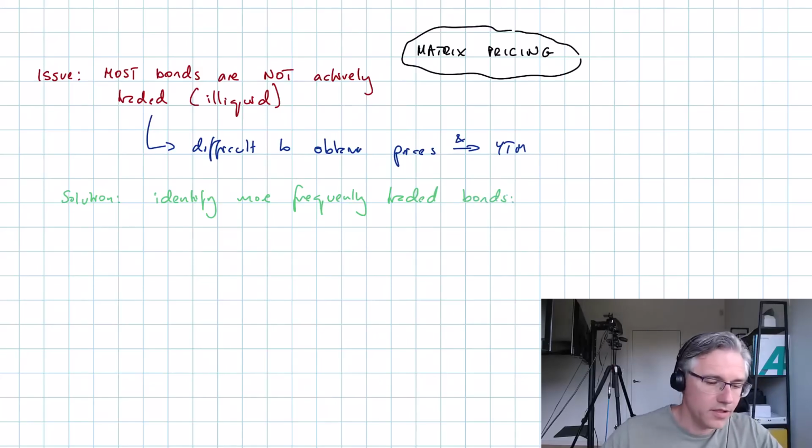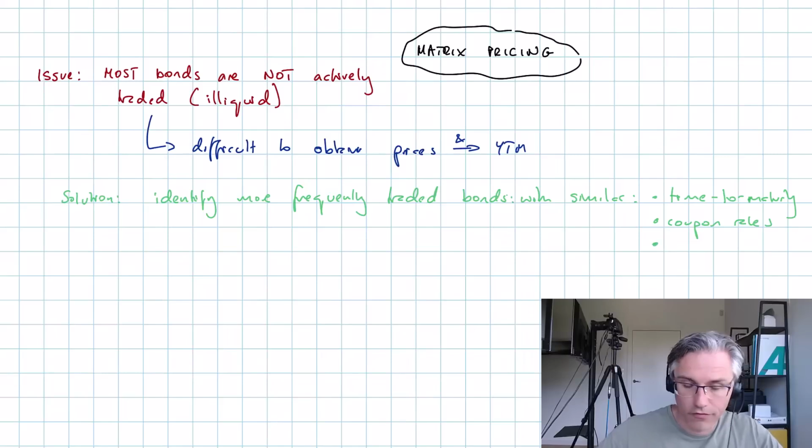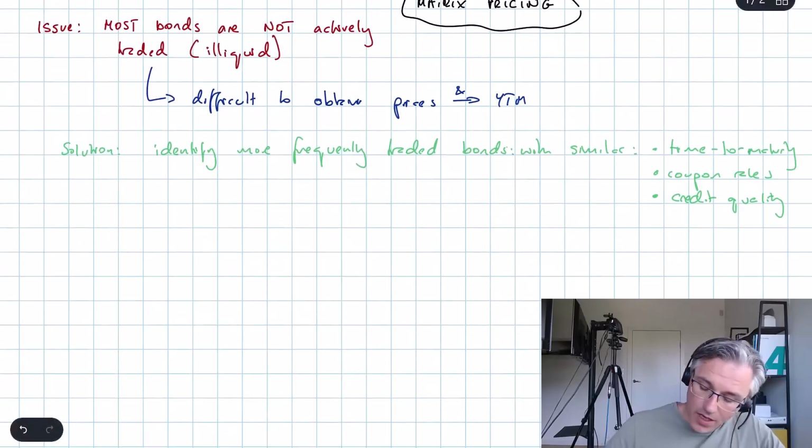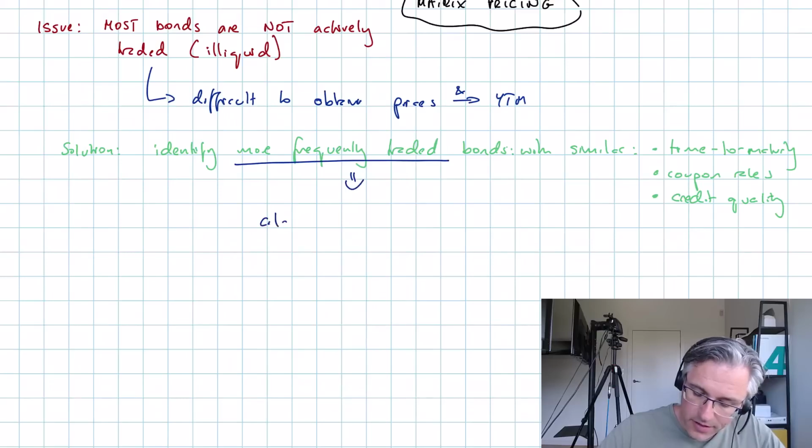There should be some at least, but they should have similar parameters, like similar time to maturity, similar coupon rates or similar coupon structures, fixed or variable. Similar credit quality as well. They don't have to be from the same issuer, but at least some things need to be similar. And for those more frequently traded instruments, calculate their respective yields to maturity.